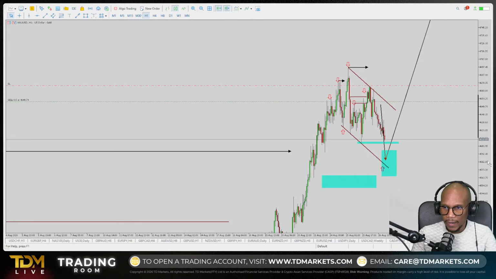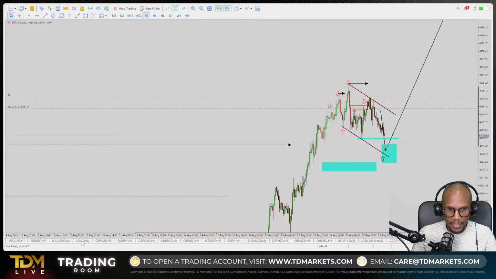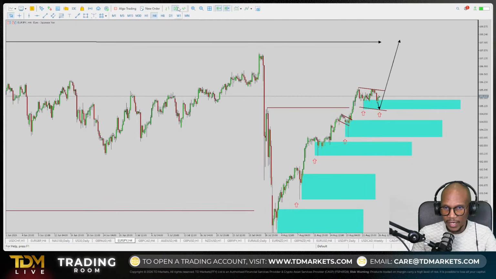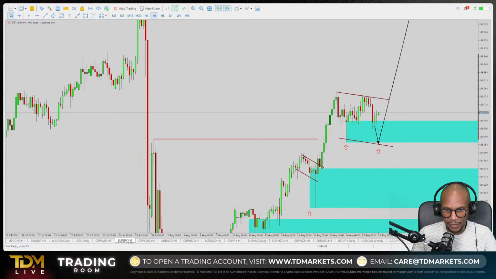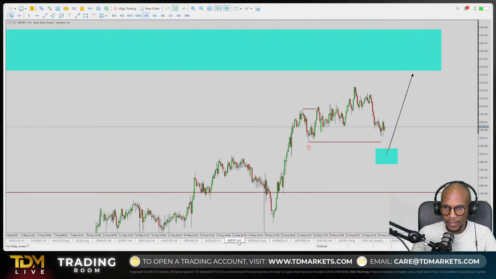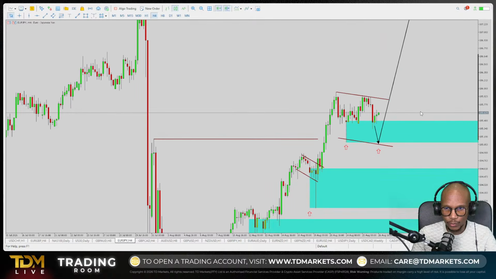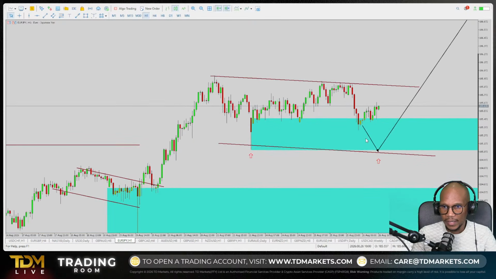All right. And then the JPY pairs, guys, the yen pairs are still correcting. Nothing has happened as yet. We've got the Euro JPY, the GBP JPY. So let's start with the Euro JPY. Euro JPY, this is where it is. It seems like it's still going to come back down one more time before we push up.